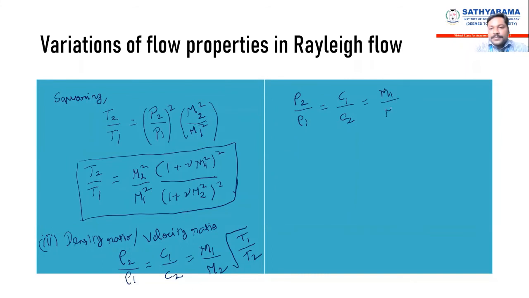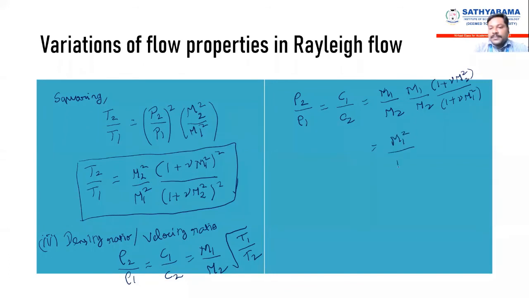M1 by M2, and then you substitute this value, that is the square root. On taking the square root, we have 1 plus gamma M2 square divided by 1 plus gamma M1 square. Okay, yes, it is 1 by T2 by T1. So in the numerator and the denominator, finally what we get?